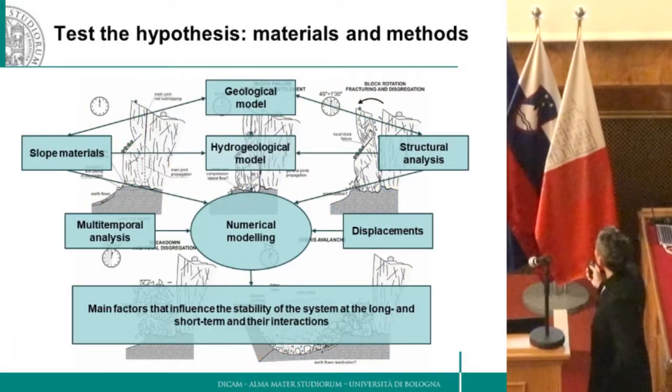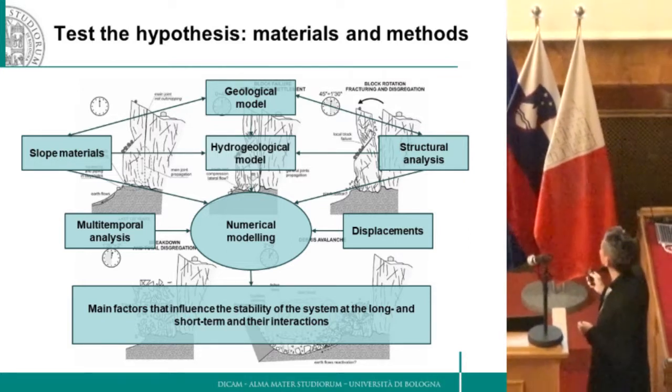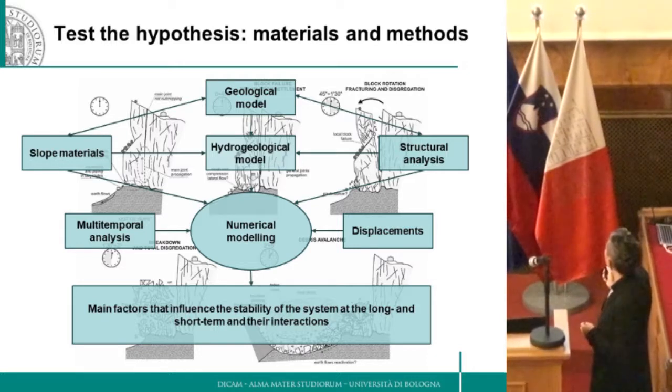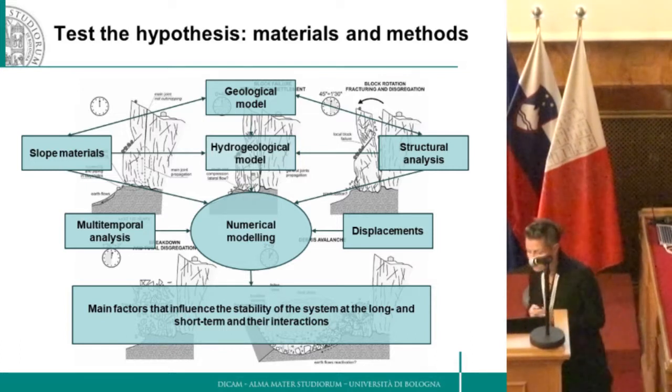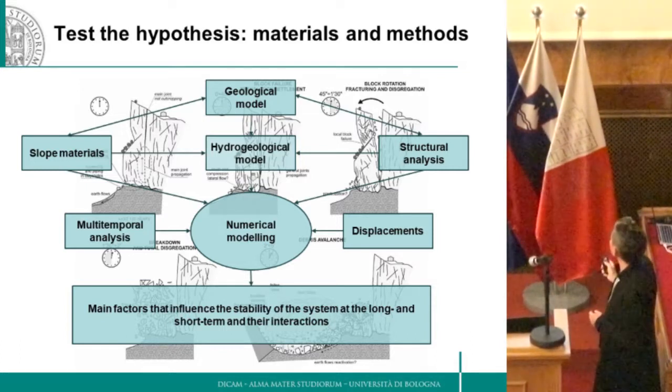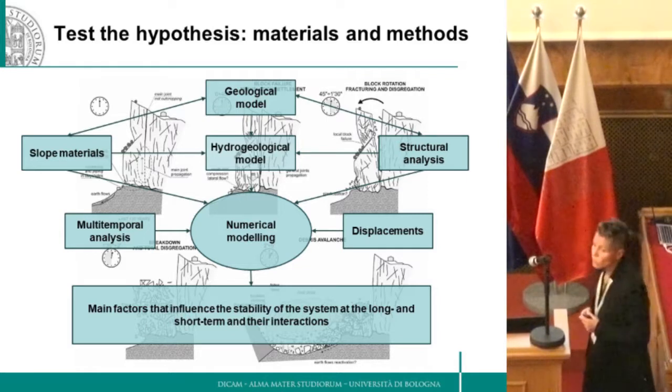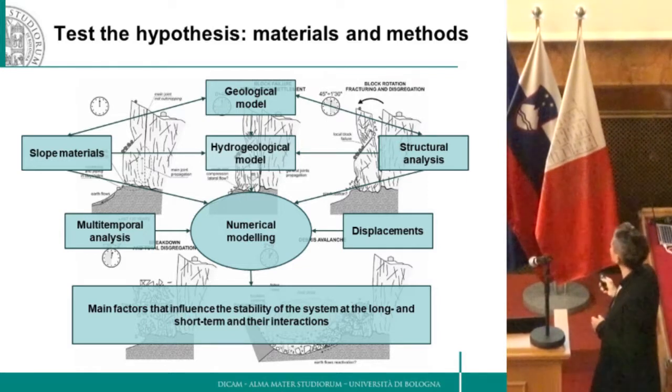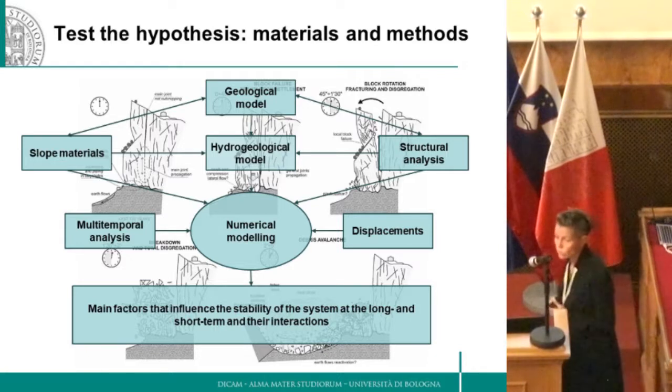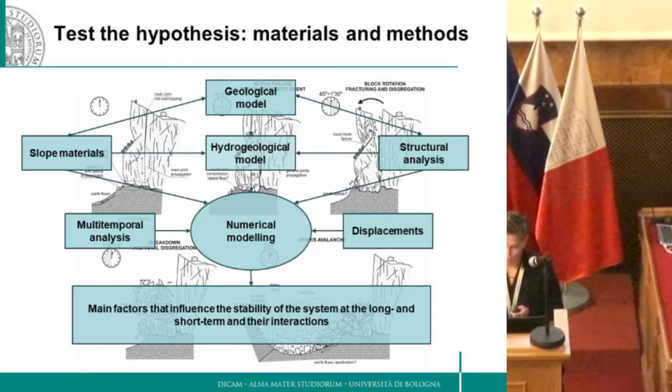So we tried to start from the geological model and to build numerical modeling using several data that we gained from the lab, from the field, and also by specific testing we did, in order to use numerical modeling as a tool to understand which can be the main factors influencing the evolution of the slope.